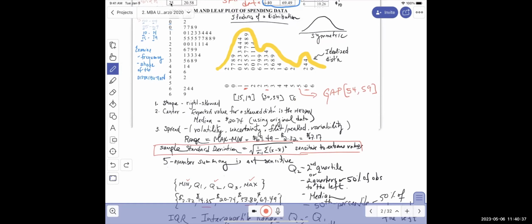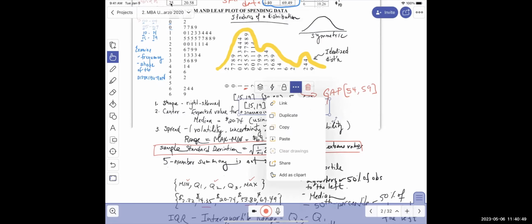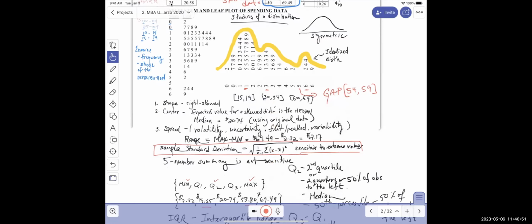Comments, questions? So I use the mode to identify the peaks.